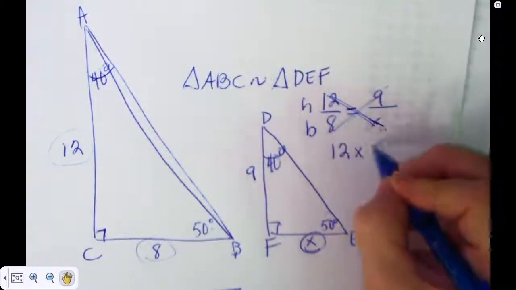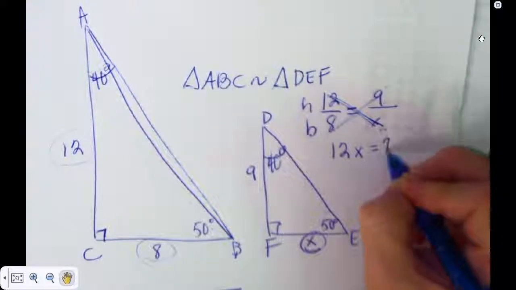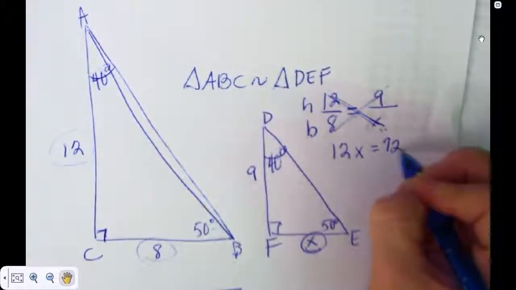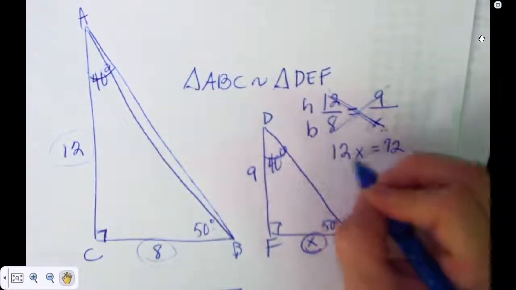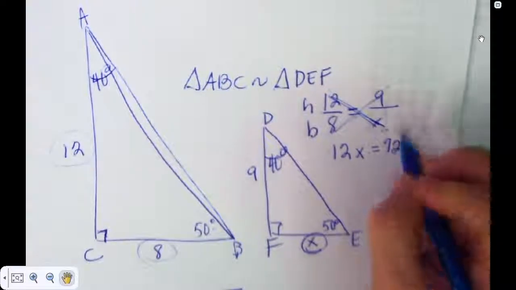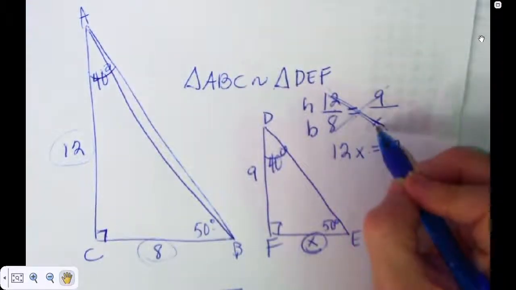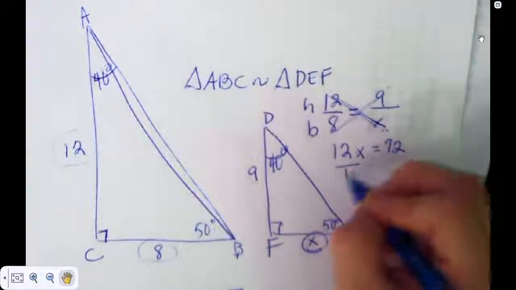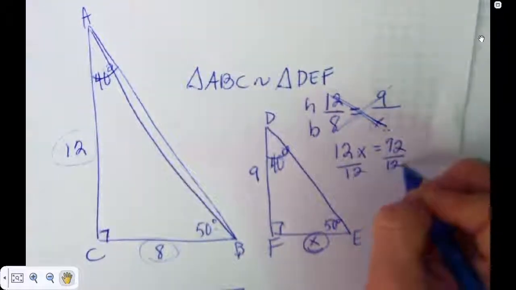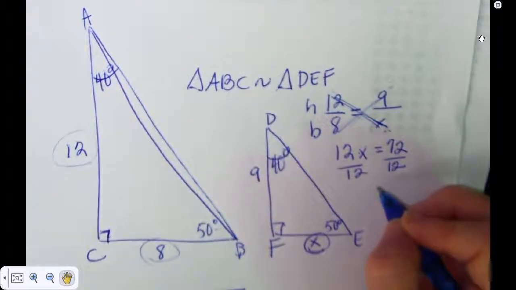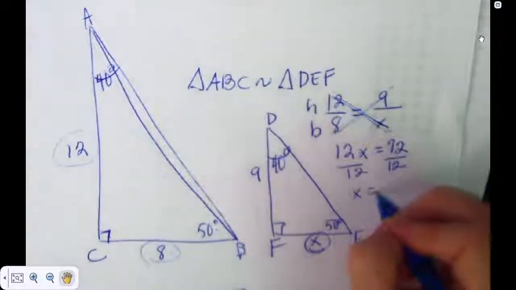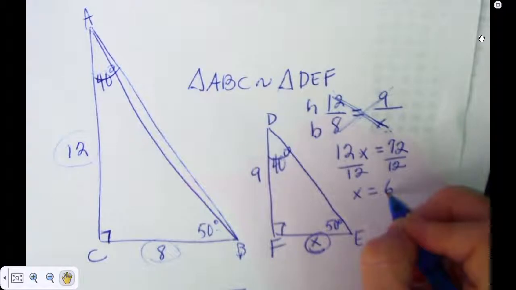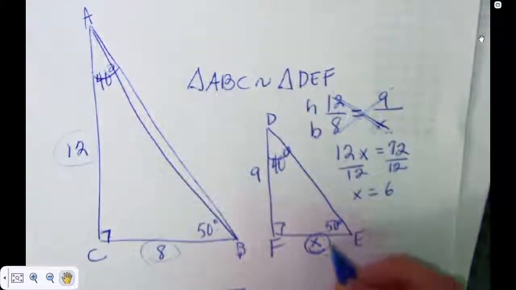So 12x has to equal 72. Does everybody see why I wrote 12x equals 72? Okay, so 12 times x equals 72. Now I'm going to divide by 12. So x equals 6. So I know that x is 6.